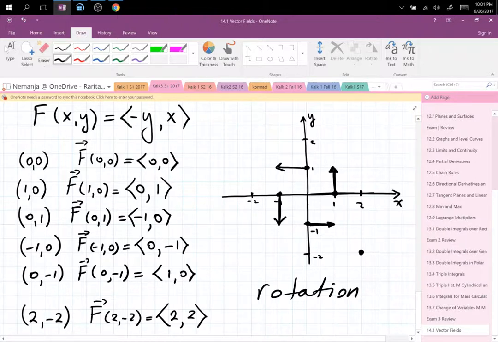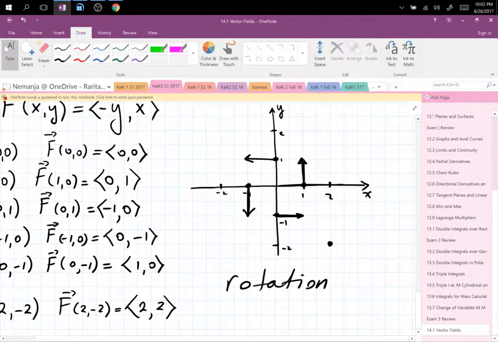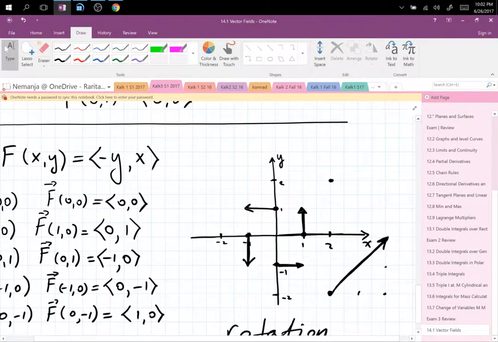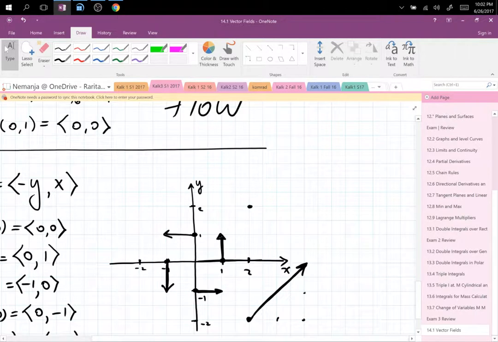Now, how do we draw a vector 2, 2? Vector 2, 2 is going to be 2 units in x and 2 units in y. This is how it looks. Now that means that at 2, 2, there has to be another vector that does the same thing. 2 units up, 2 units over.